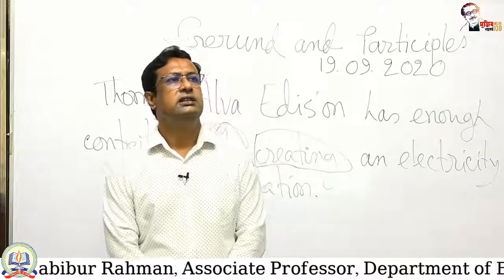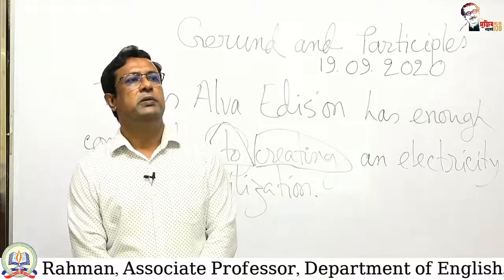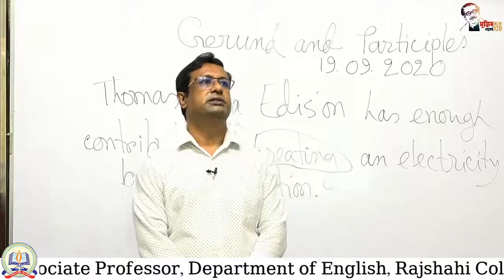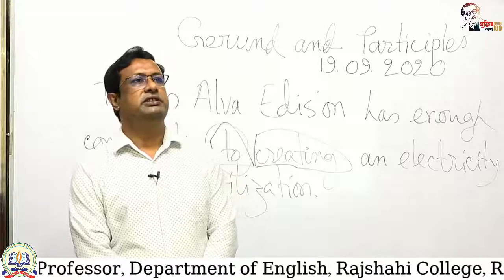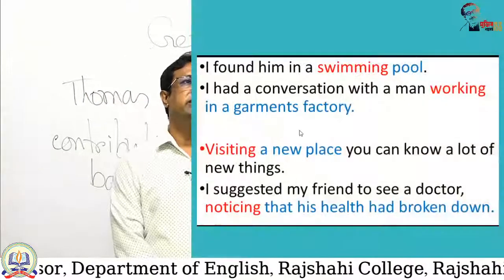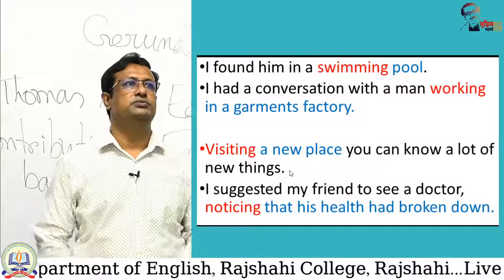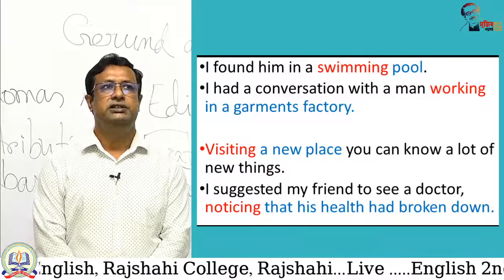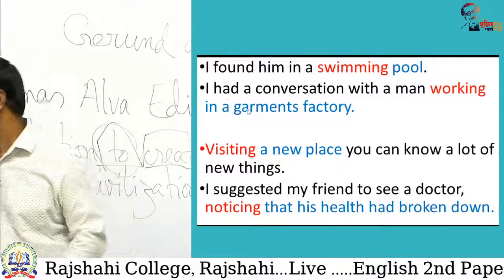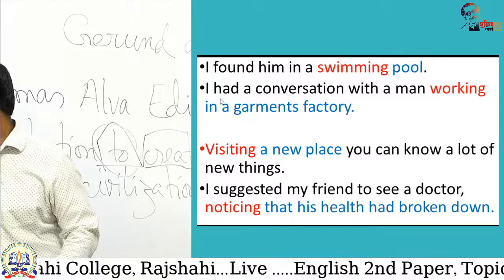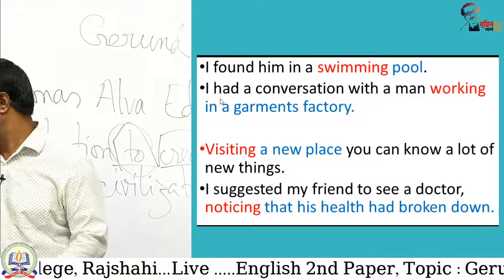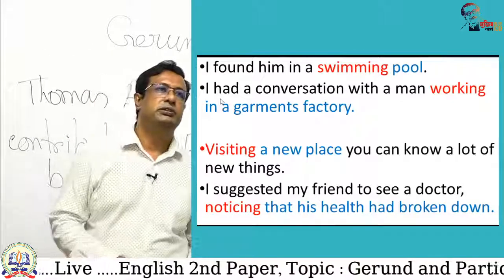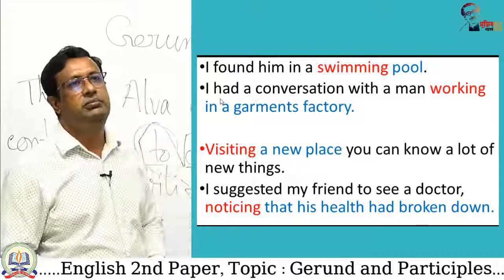Thereafter, dear students, we will see some other examples. You see on the screen, I found him in a swimming pool. Notice these sentences very accurately so that we may differentiate between gerund and present participle.